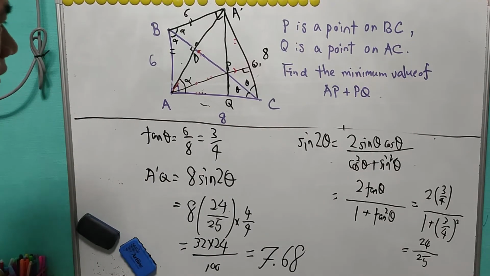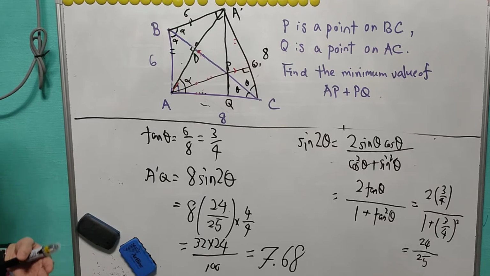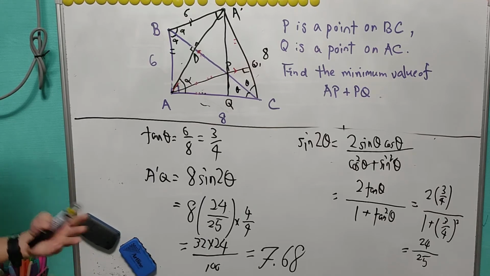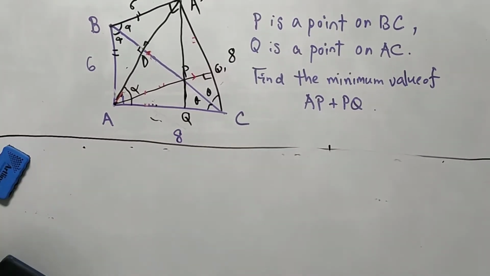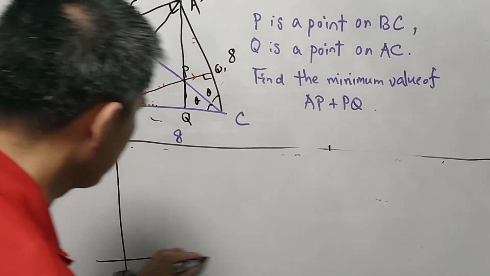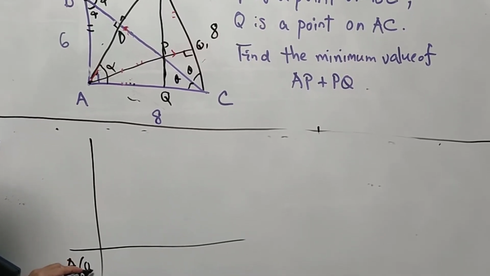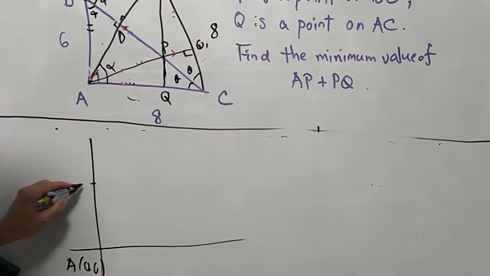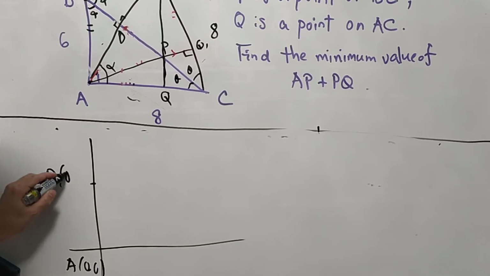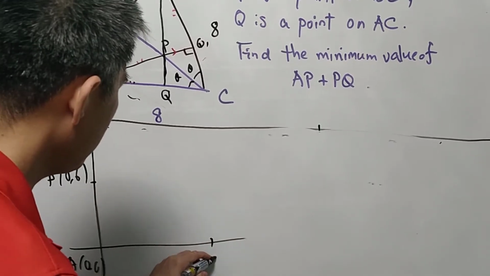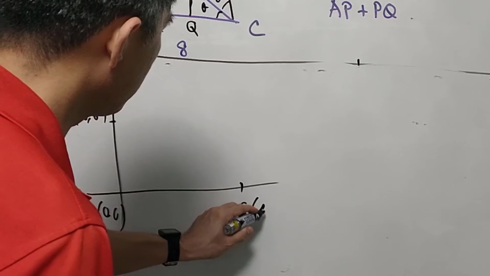For the algebraic method, I'll just give a hint to consider some inequality. The diagram is a bit ugly. Let me draw it here with coordinates. So this is A with the coordinate 0, 0, and B with the coordinate 0, 6, and C with the coordinate 8, 0.